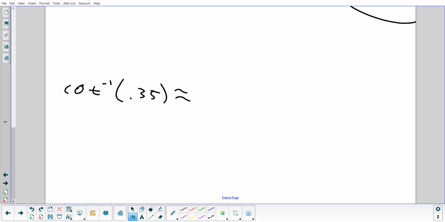No. So what can we change it to that we do have a button for? Tangent. The inverse of. Inverse tangent, yep. So you can change the trig function, but you also have to change the number. Jason, what are we going to change 0.35 to?